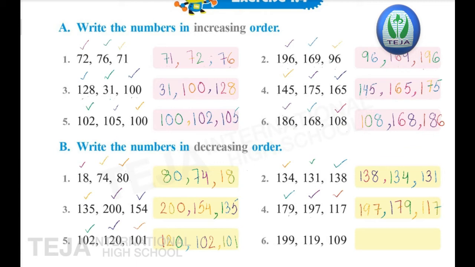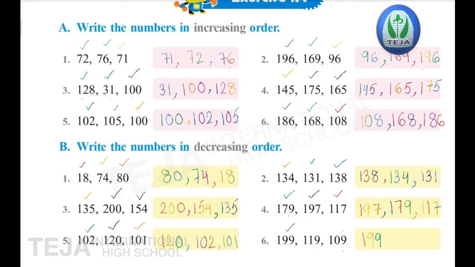Okay, children. Now we'll discuss the last question of this bit. Here the numbers in the sixth question are 199, 119, 109. Okay. Now see how the numbers are arranged in decreasing order, that is from big to small. So first here the biggest number is 199.